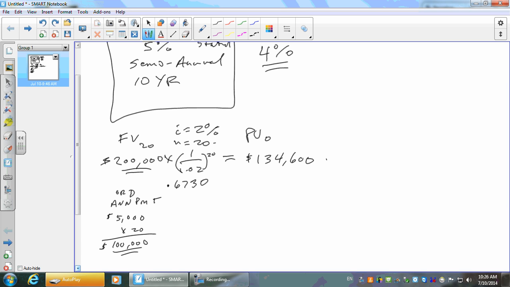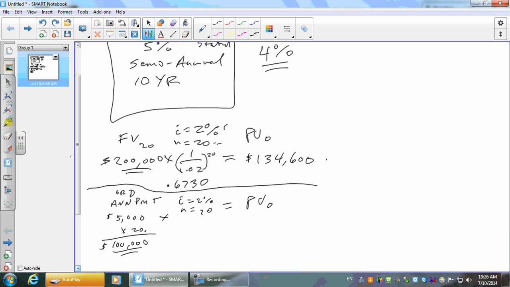What do we do with this annuity payment? I've got an interest rate of how much? What do you think, you guys? Still 2%, of course. Number of periods? It's 20. Absolutely, it's 20. We know what we're doing. So then I would look up the present value of that ordinary annuity, wouldn't I?